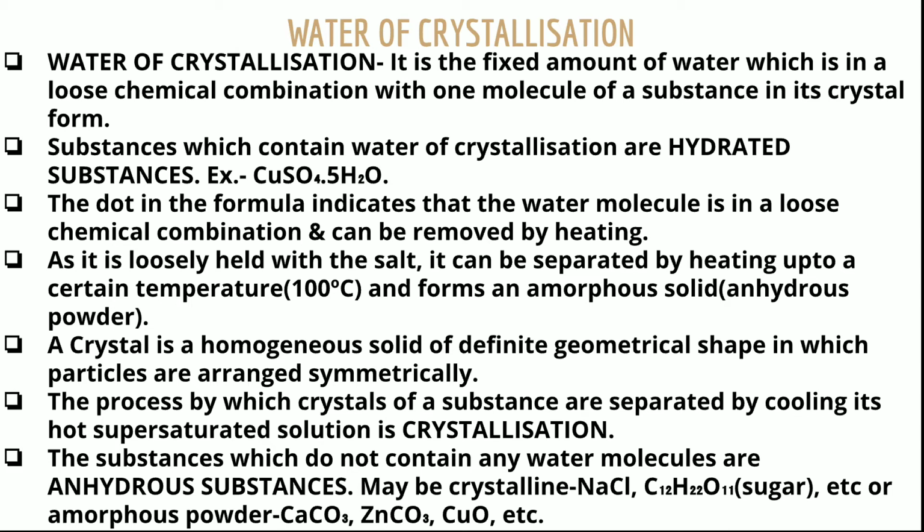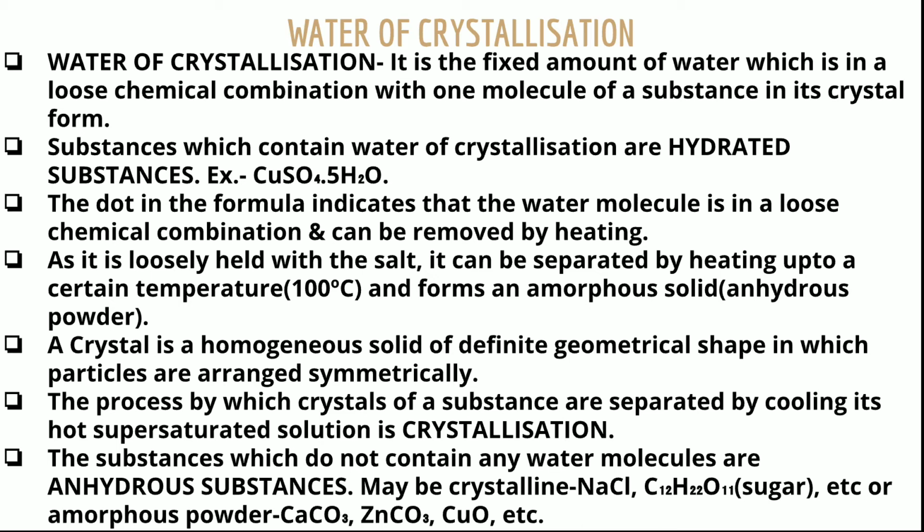The substances which contain water of crystallization are known as hydrated substances. For example, CuSO4.5H2O, hydrated copper sulfate. So 5H2O is the water of crystallization which is present with the copper sulfate crystals.